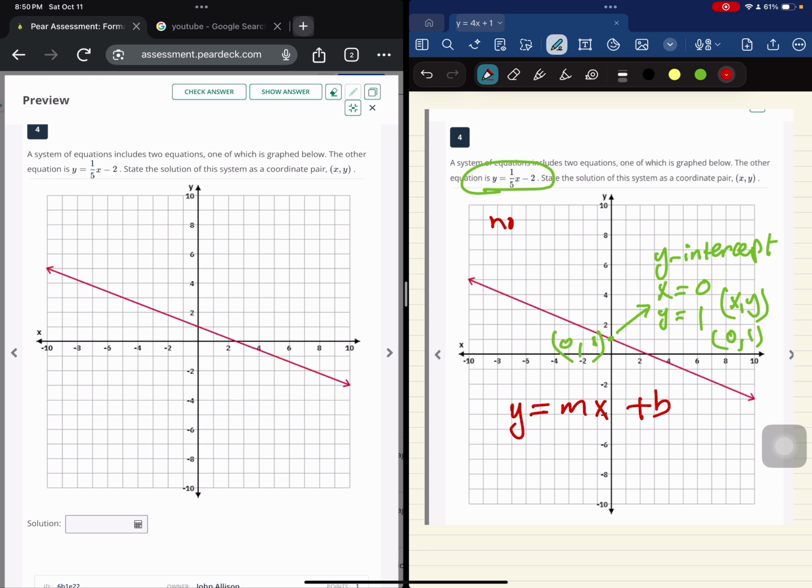As a student you should know that m represents the slope and b represents the y-intercept. From the graph, we can see the y-intercept is equal to 1. So y is equal to mx plus 1.